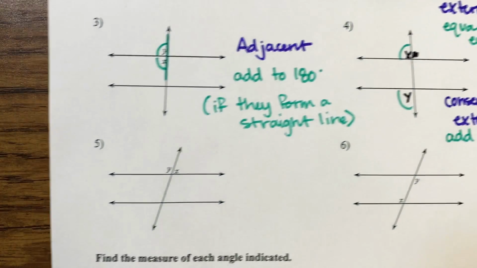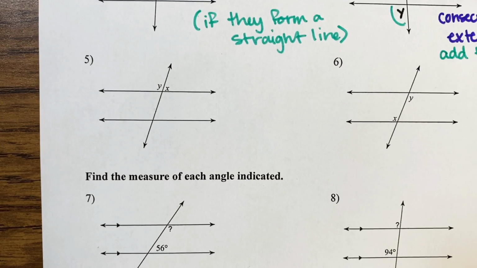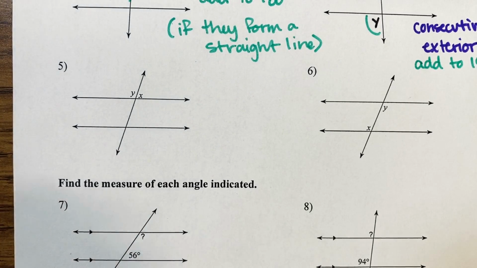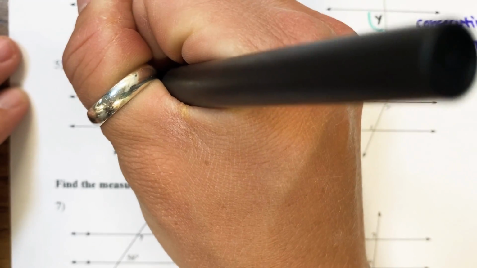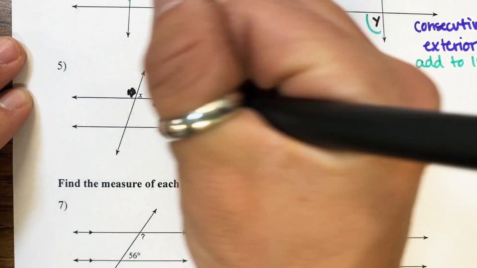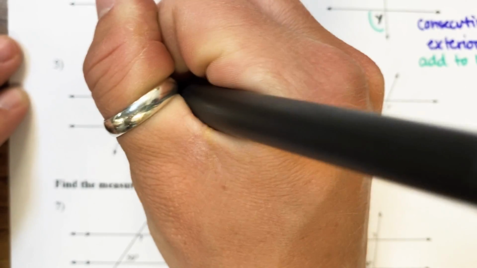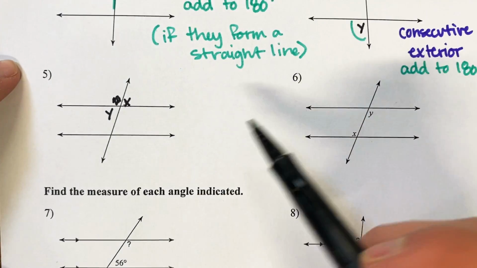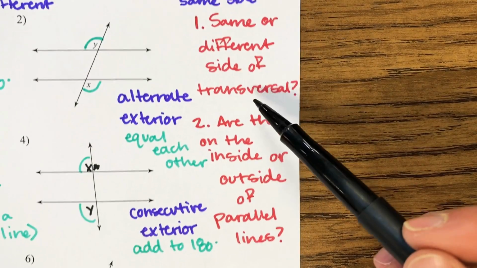Okay, let's look at number 5. I'm actually going to change this one a little bit as well. So I'm going to move my y from there to there. So now I have my x and my y right there. Now let's ask ourselves a question.